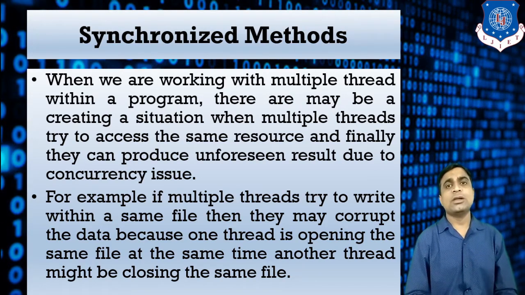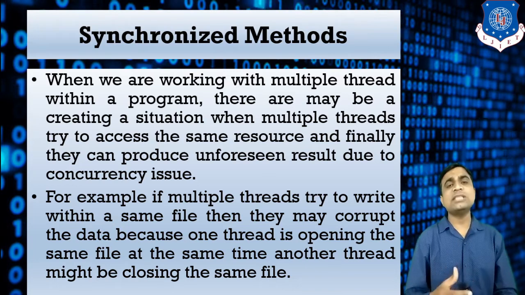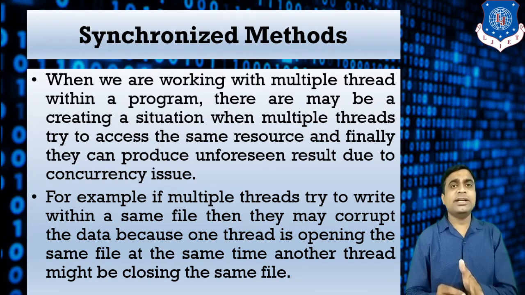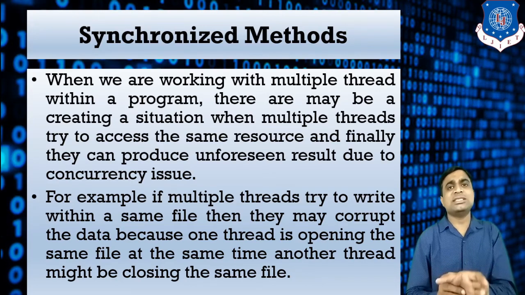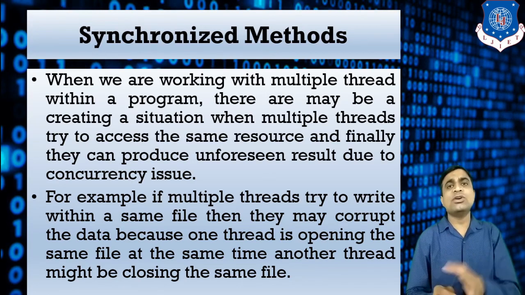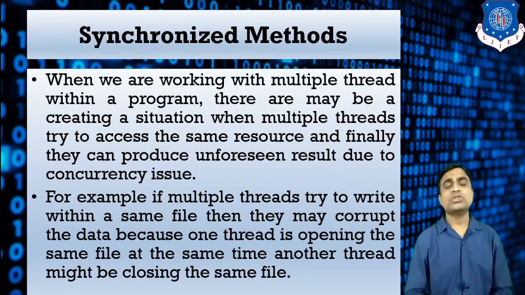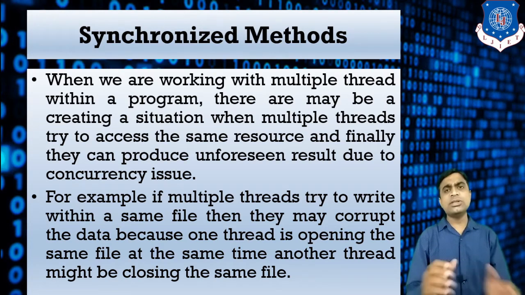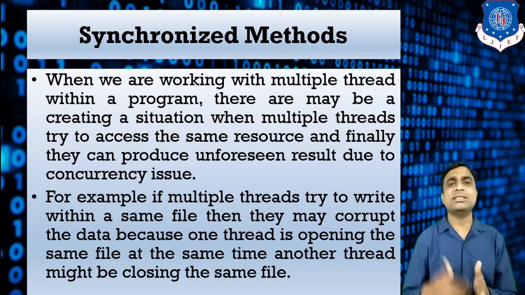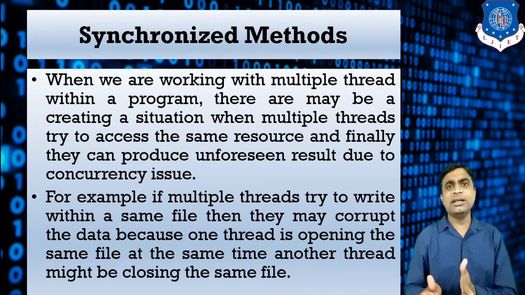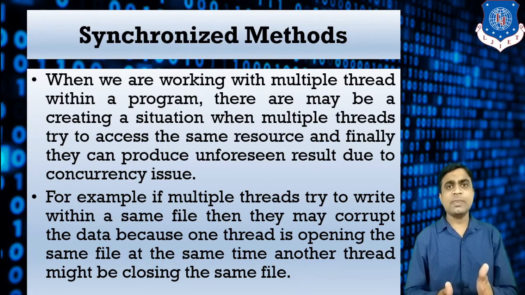So what does synchronization tell us? If one thread starts its execution, the next thread will not start its execution until the first thread completes its task. That is the advantage of synchronization. Synchronization normally works in a linear manner: when one thread completes its task and leaves, then the second thread starts execution.